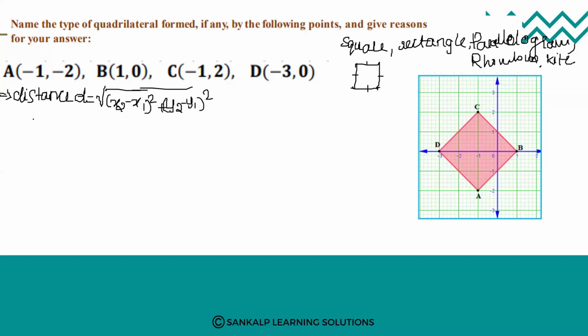So this is our distance formula. So first consider the distance between AB, right? AB. Distance between AB means it is x1, y1.